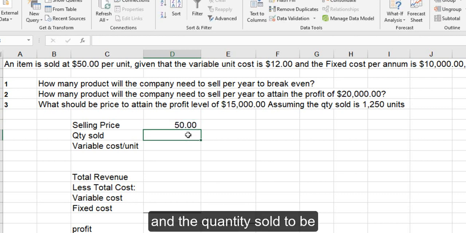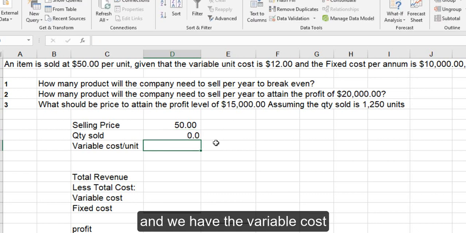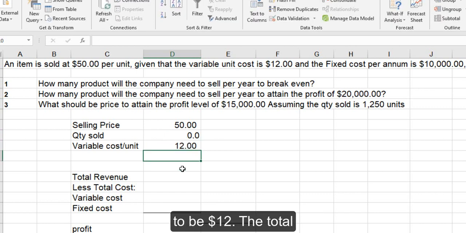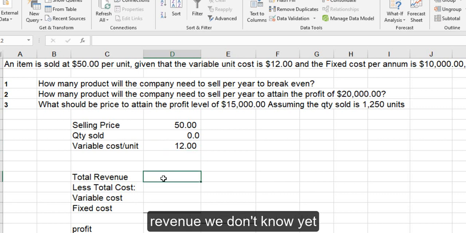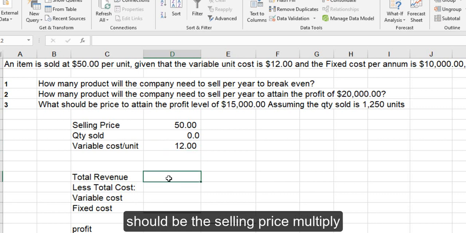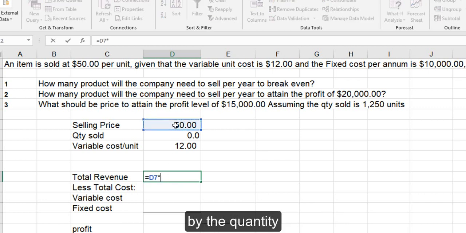Okay, here we have our selling price to be $50. And the quantity sold, okay, we don't know the quantity to be sold. Let's put 0. And we have the variable cost to be $12. The total revenue we don't know yet, but the total revenue should be equal to the selling price multiplied by the quantity.